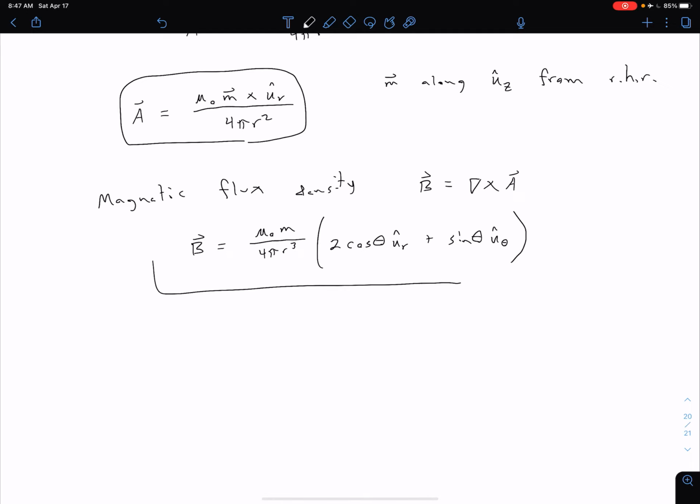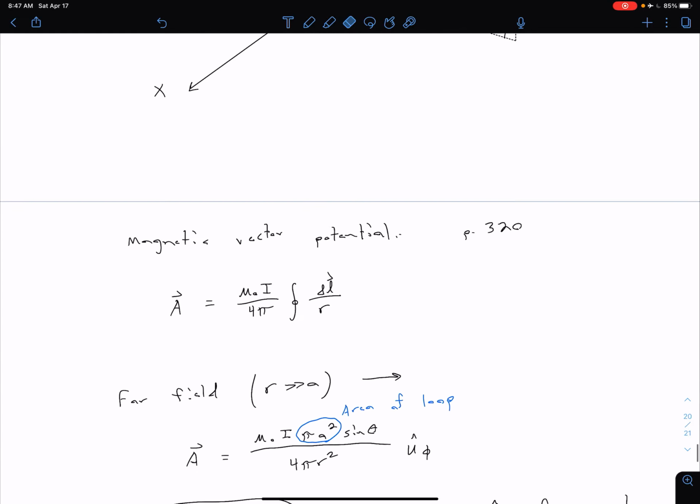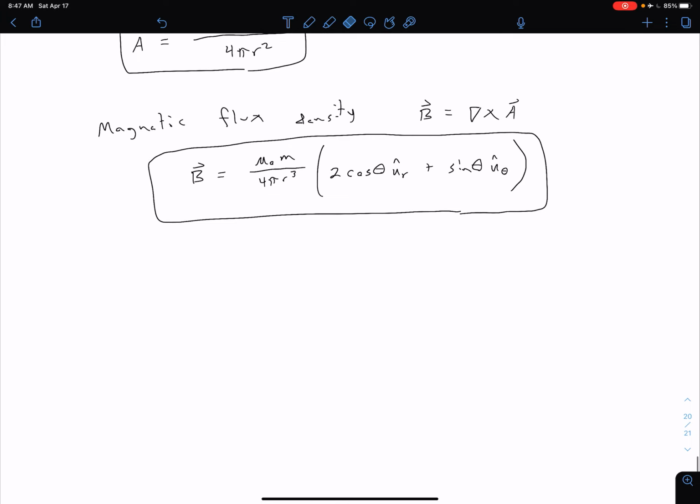Okay, so that is the end result for the magnetic flux density due to this small current carrying loop centered on the origin in the z equals 0 plane. And again, we can adjust that by defining all of these vector directions locally if we have a slightly different position or orientation of our current carrying loop.